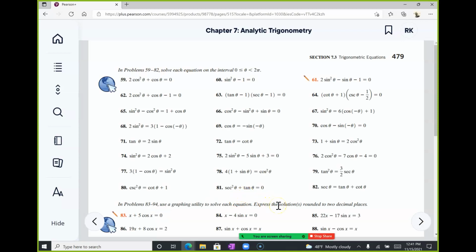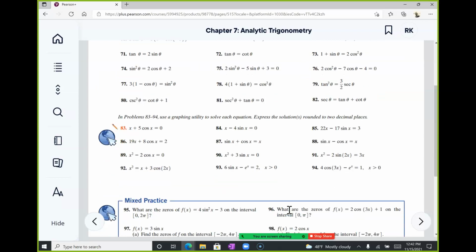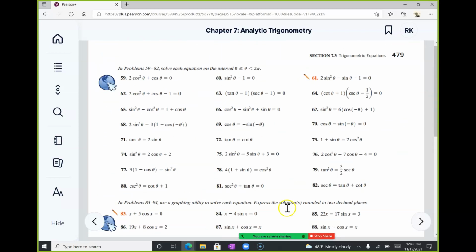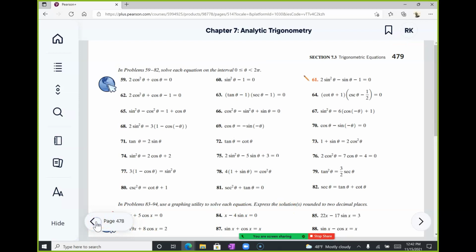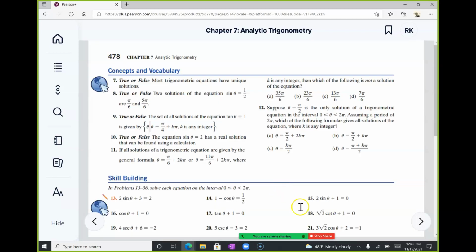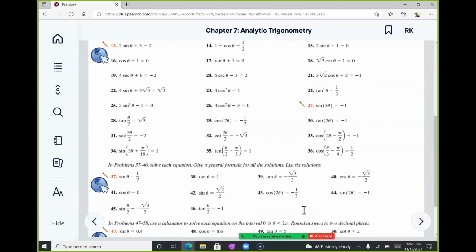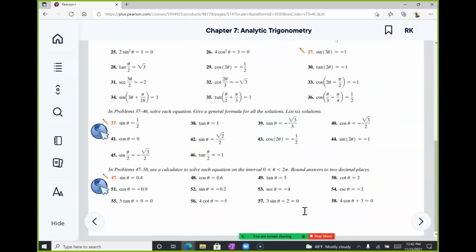So I definitely like 59 to 82. If you can take a quick photo of that, 59 to 82. And I think some on the previous page are good to do as well. Yeah, 37 to 58 are good to do as well.